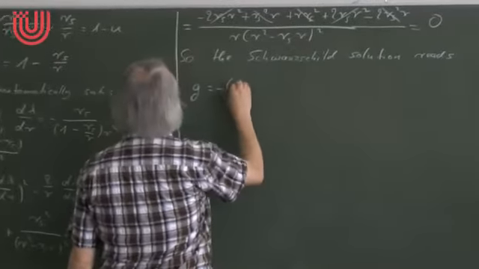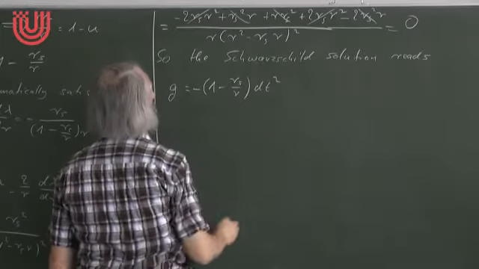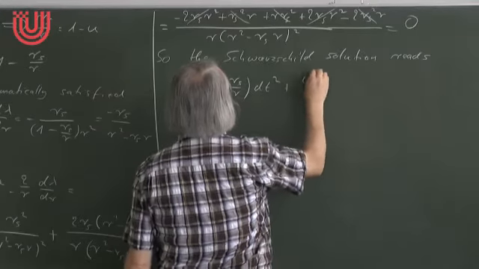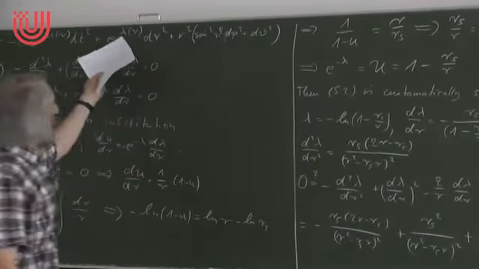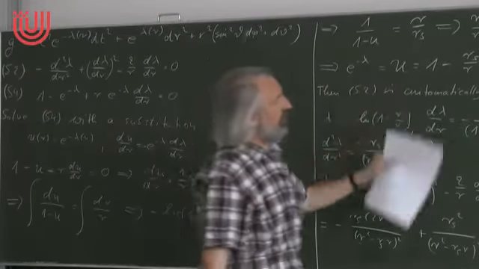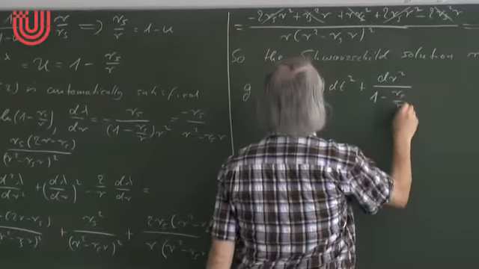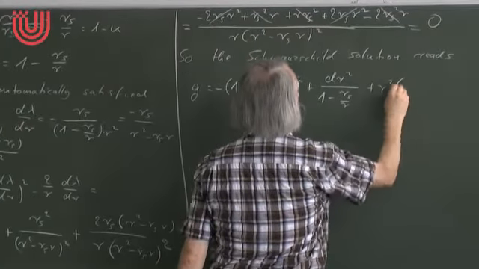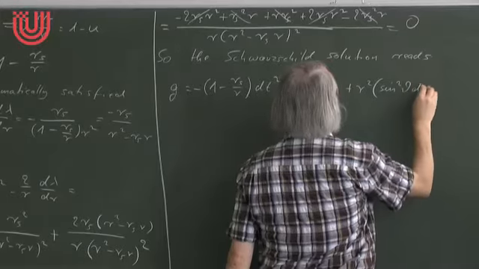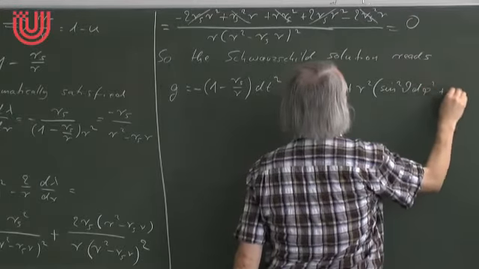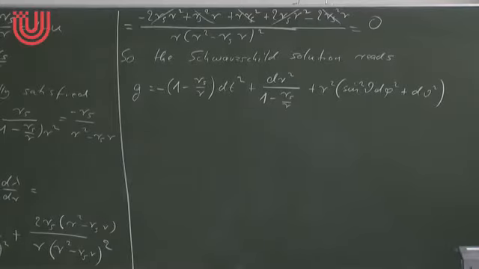So I get minus 1 minus rs over r dt squared plus dr squared. Here I have e to the plus lambda, so that's the inverse of this here. So I have this in the denominator, and the angular part, with which we didn't do anything during the whole calculation. It always remained what it was in the beginning. And that's the Schwarzschild solution.